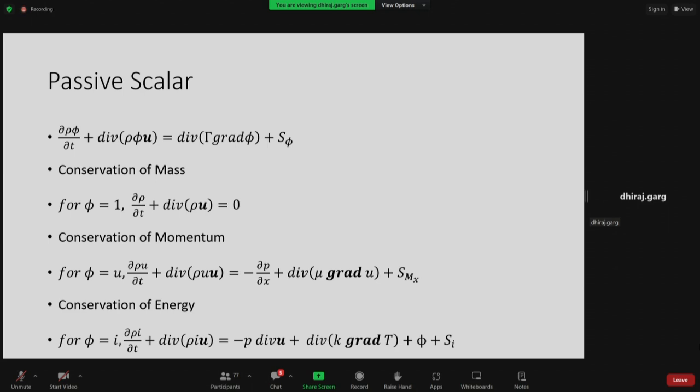If you take the convective term to the right hand side, then with convection, diffusion, and the source term, you can track how any property phi is changing within the system with respect to time.